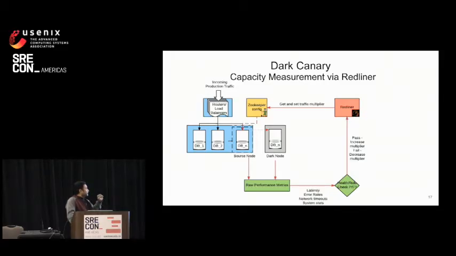Redliner checks that the system is healthy, and then it updates the multiplier. So this happens circularly and we don't have to intervene. Automatically it runs, or whenever we have new binaries, it automatically goes to the new boxes without affecting the user. So it's a very efficient way to check this.